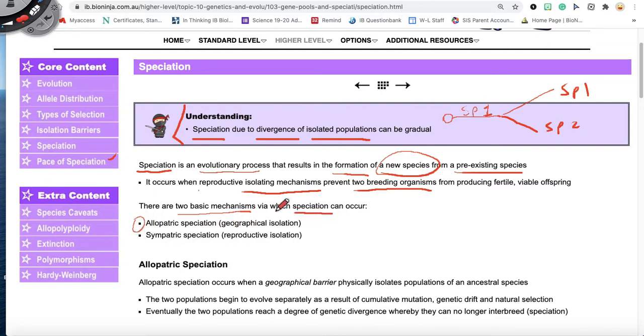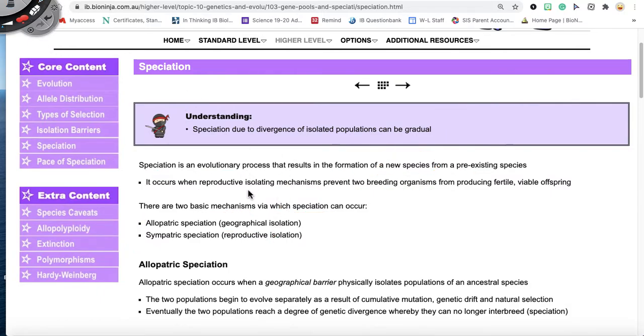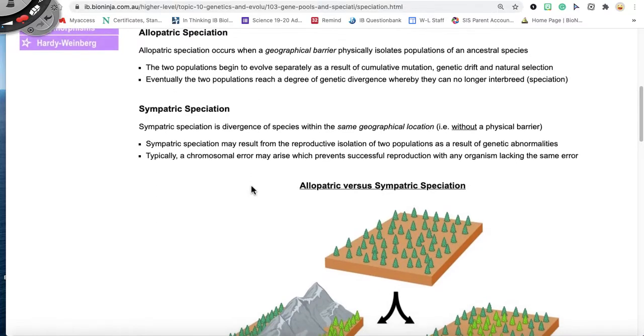Allopatric speciation is when there's a geographical isolation due to some type of geographical barrier, and sympatric speciation is due to some form of reproductive isolation. So let's look at the examples right now. In allopatric speciation, there's some form of geographical barrier, and this isolates populations from the ancestral species.